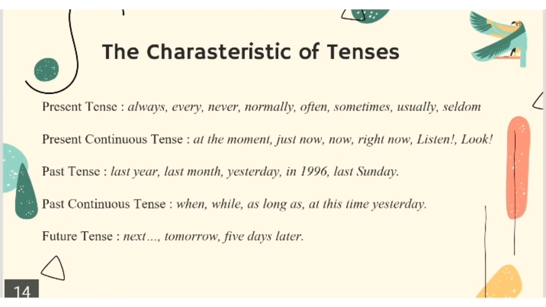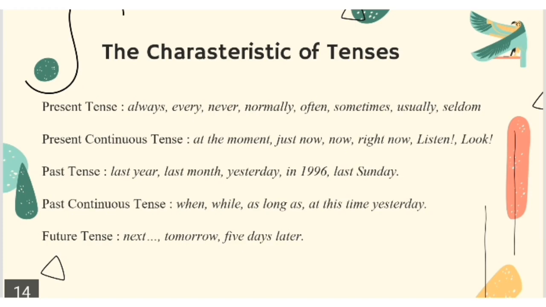So, the last theory that I have here is the characteristics of tenses. For present tense, we normally use words like always, every, never, normally, often, sometimes, usually, and seldom. For present continuous tense, we use at the moment, just now, right now, listen, look, and like that.